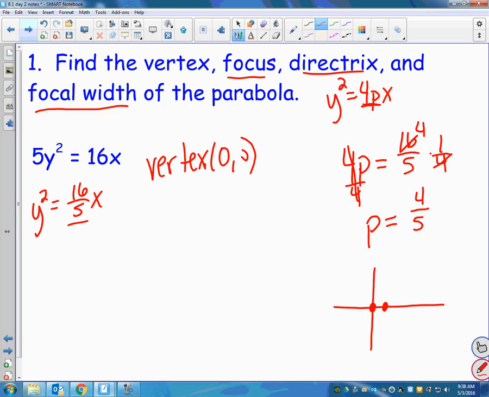So I don't think about the formulas over there. I think about, oh, it's p units over. So the x has moved p units. So that's going to be 4/5, but the y is going to stay at 0. Always.